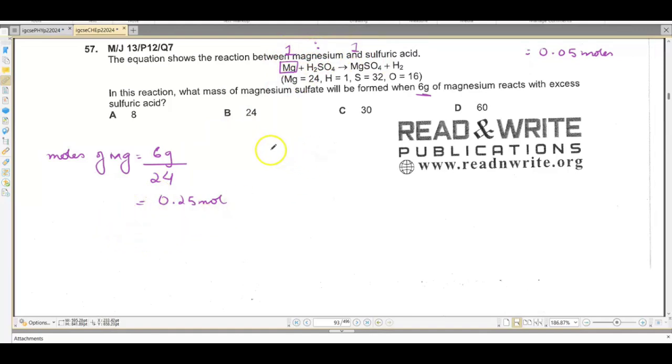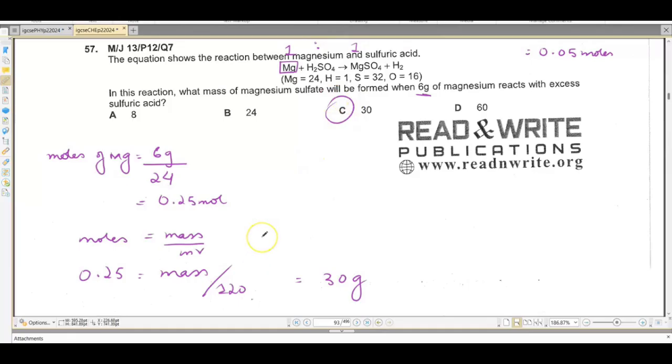So simply use the formula moles is equal to mass by Mr. Moles we have is 0.25, mass we have to find, and Mr for MgSO4 is 120. 120 into 0.25 is going to give us an answer of 30 grams. So 30 grams of magnesium sulfate will be formed when 6 grams of magnesium reacts with excess of sulfuric acid. So C is the correct answer.